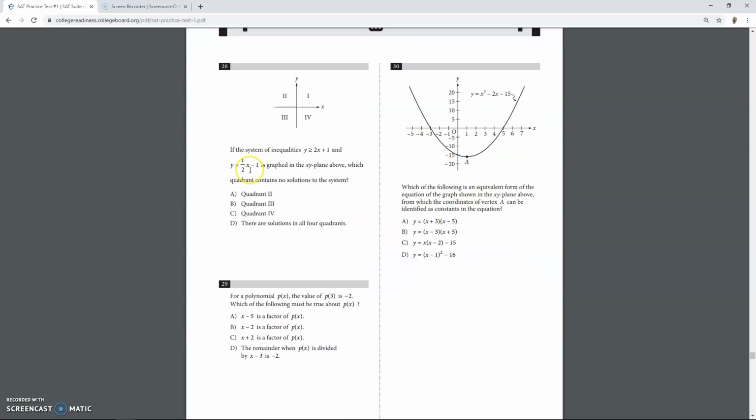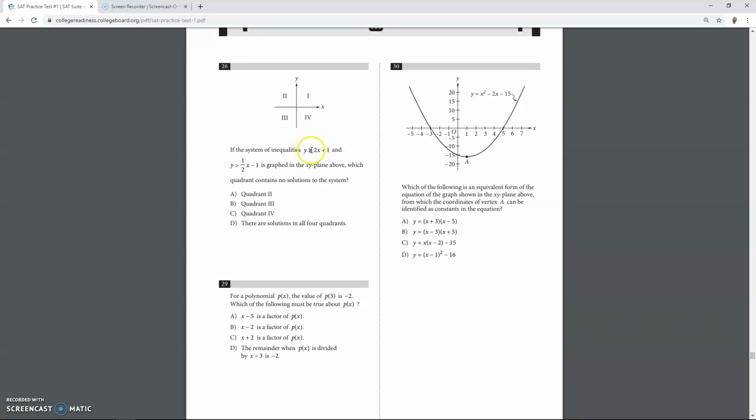For question 28, we have the system y larger than or equal to 2x plus 1 and y larger than 1/2 x minus 1, and we ask which quadrant contains no solution. This one is pretty easy since we directly need to draw 2x plus 1 and 1/2 x minus 1 on the graph, which will look like this, crossing quadrants 1, 2, and 3 here.